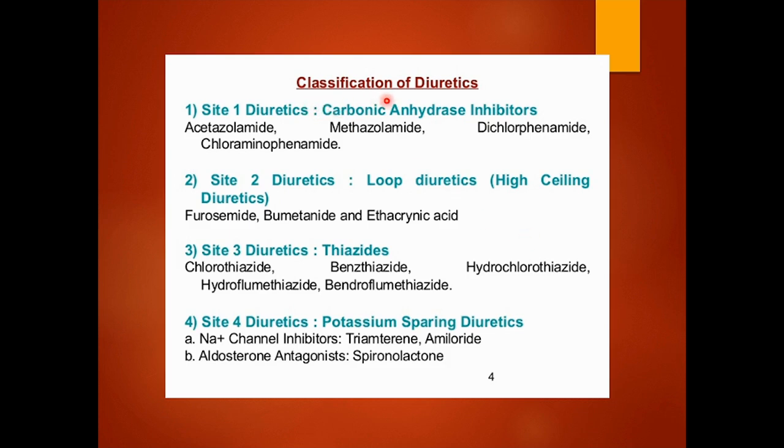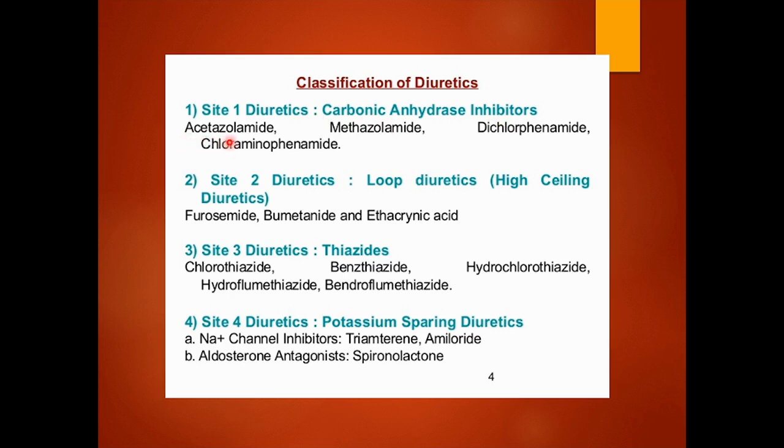So now, classification of diuretics. If we see the classification of diuretics, these drugs are divided into four classes. Site 1 diuretics are carbonic anhydrase inhibitors.